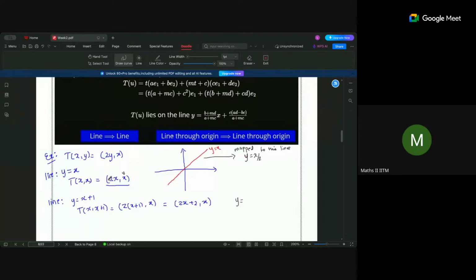So here, if this is confusing, maybe I will use u comma v or x1 comma x2 for your convenience only. It's not required. So for example, let us say this is u comma v. So here you will get u plus 1 and u.